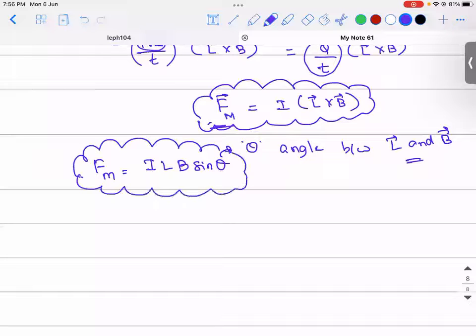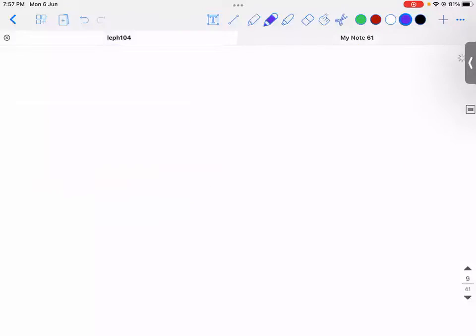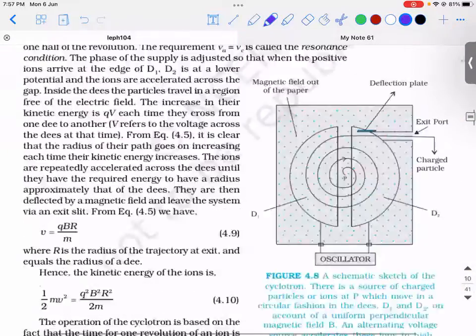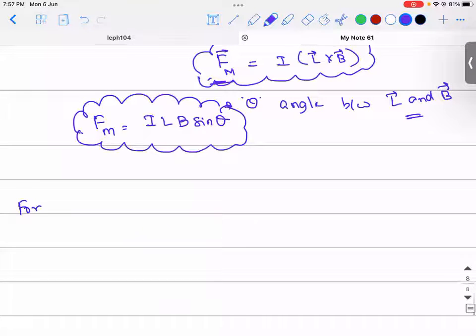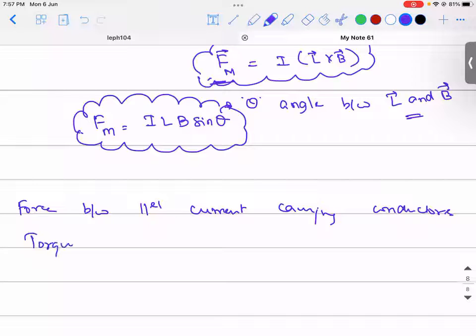So problems will be asked based on these concepts only. The concepts that are left out are force between parallel current carrying conductors, then torque, then you have galvanometer, and galvanometer to ammeter and voltmeter.